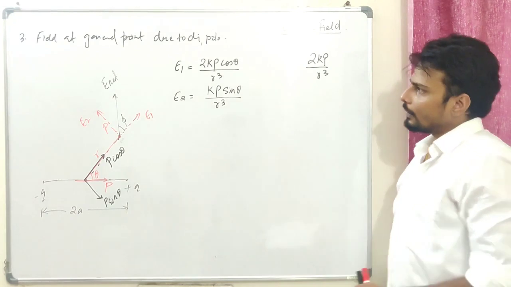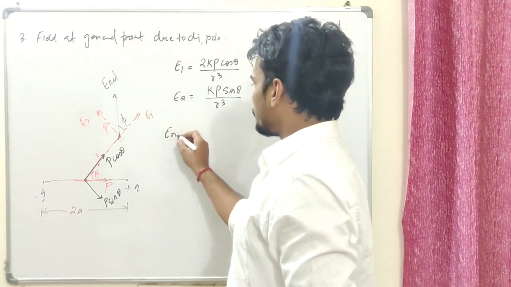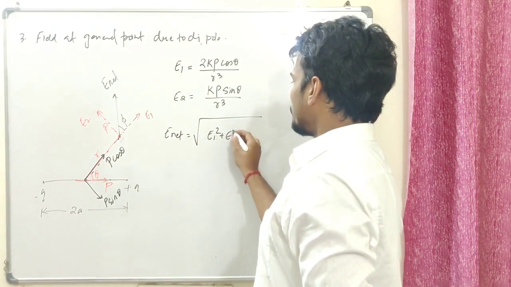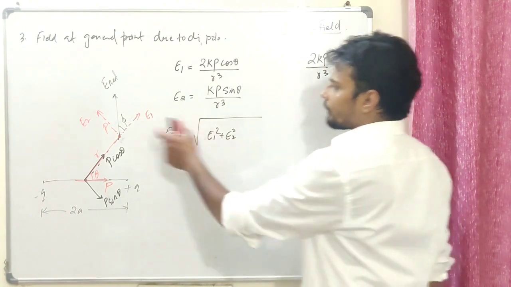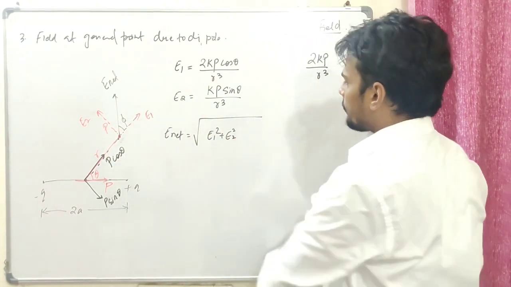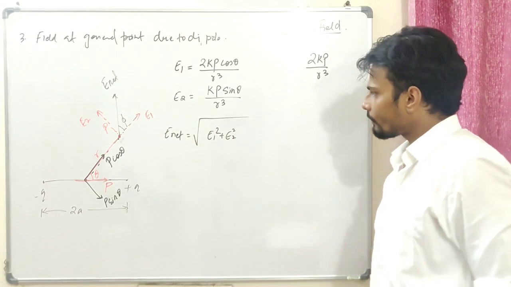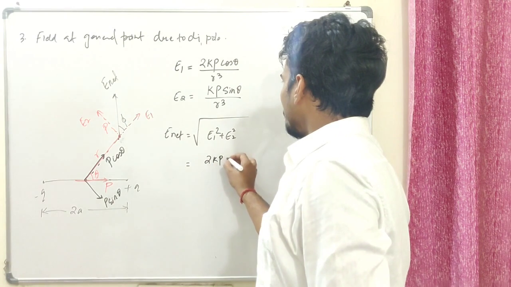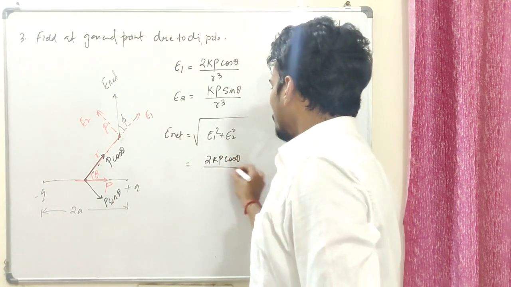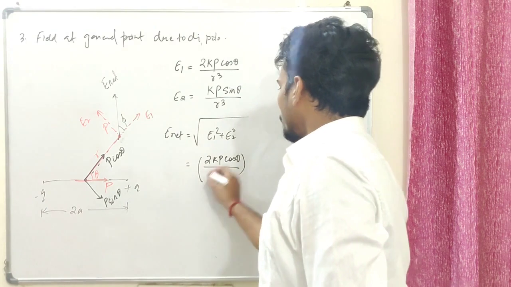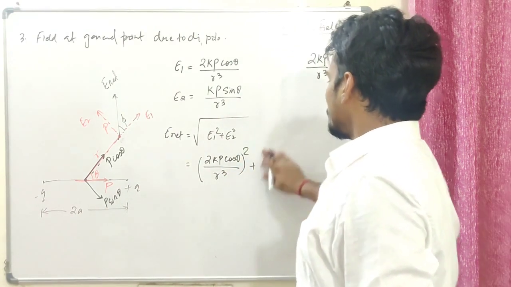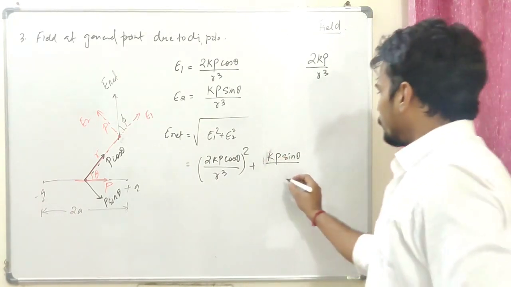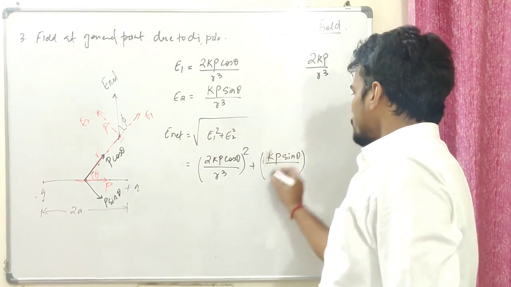Agree? Now the net electric field E net is going to be root of E1 square plus E2 square. The angle between these two is going to be 90, so I'm going to have a cos 90 term, which is 0. That's all. Okay, let me put in the values over here. E net is the square root of (2kp cos theta over r cube) whole square plus (kp sin theta over r cube) whole square.